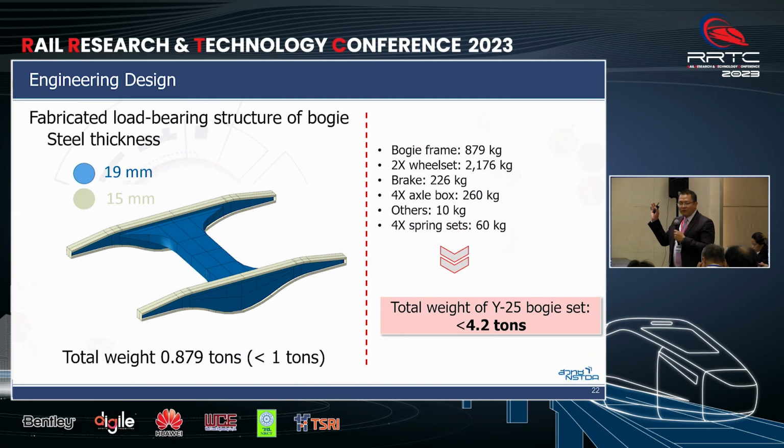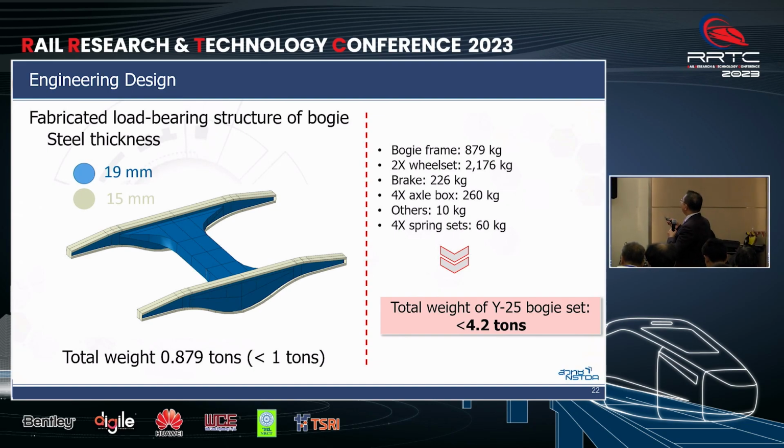And for the fan, we use a 15 millimeter thickness. And the weight, as we estimate, should be lower than 1 ton, just for the load-bearing bogie structure.